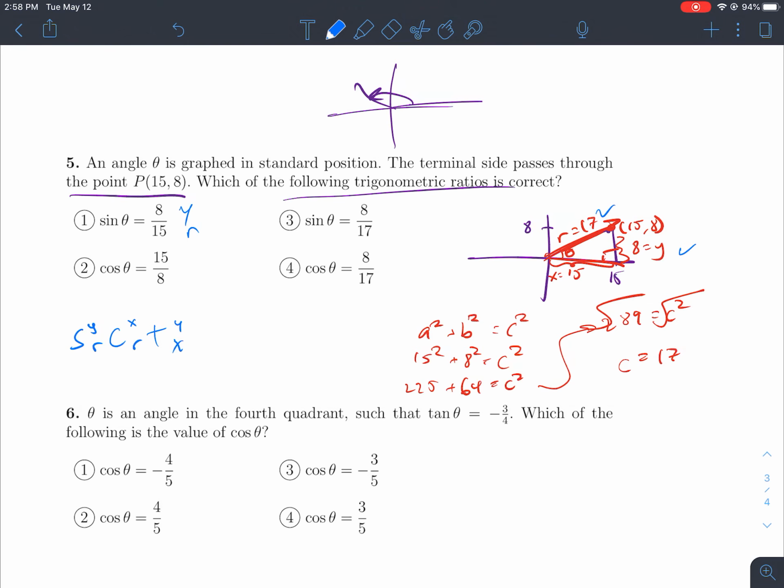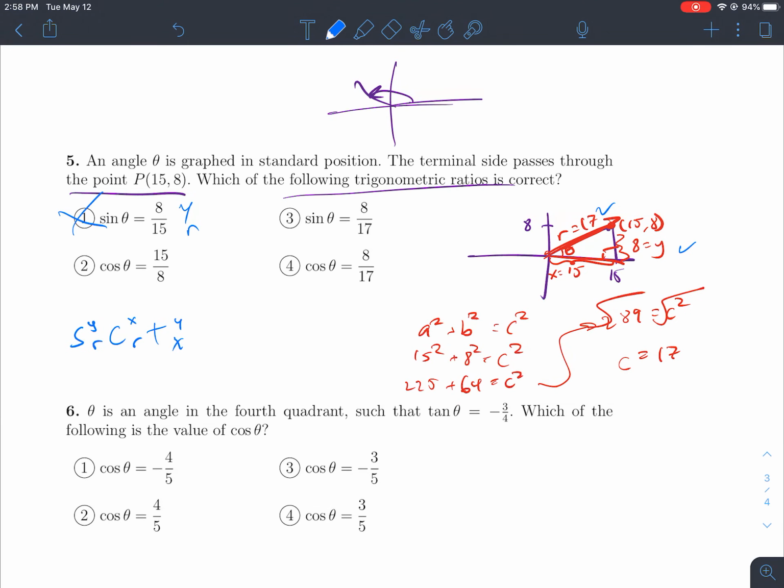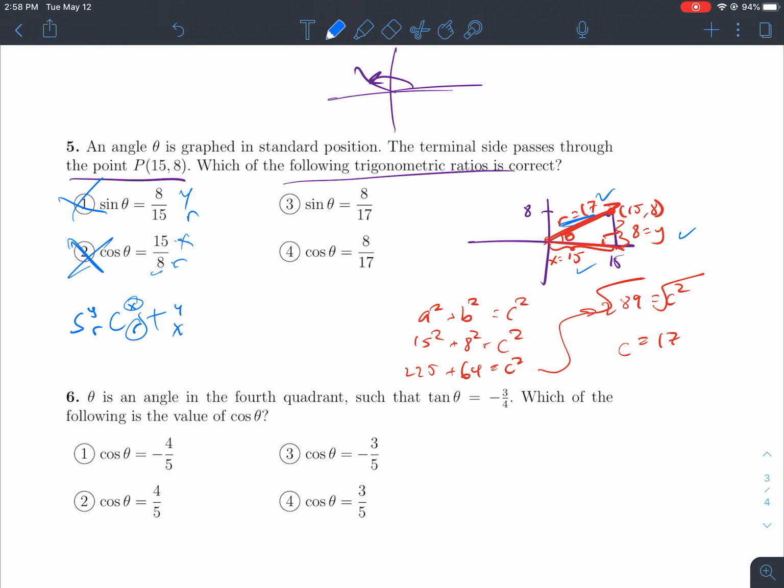Is this r? Yeah, that's y, but nope, that's not r. That's out. 15 over 8. Is this x? Because it says x here and r here. X is 15, r is not 8, r is 17, this guy's out. Sine is 8 over 17. Hey, all right, sine should be y over r. We got it. Awesome.